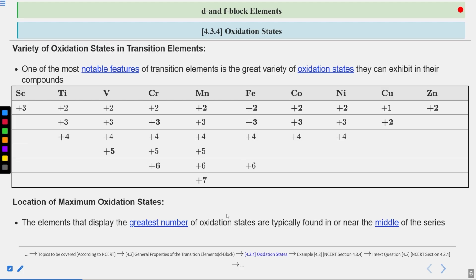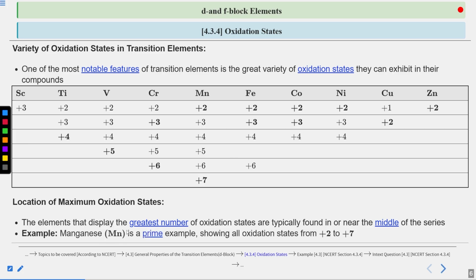So this is generally observed: in or near the middle of the series, the greatest number of oxidation states is found.